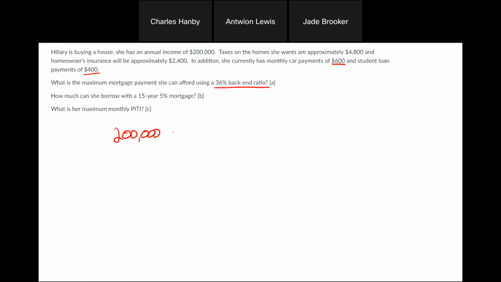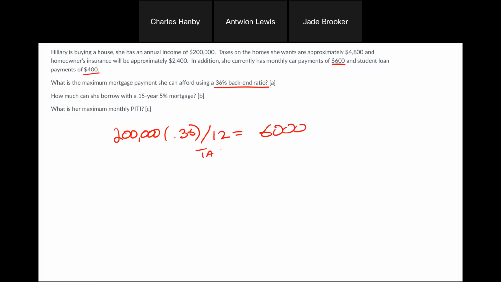28 and 36 are pretty standard, plus or minus 1%. So 200,000 times 0.36 divided by 12 is 6,000 a month.